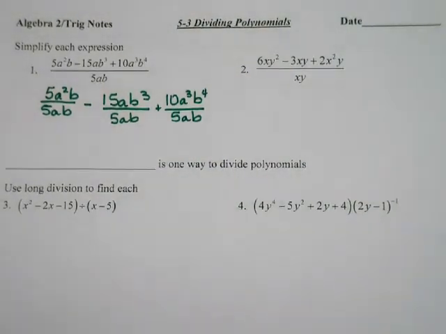So I have 5a squared b divided by 5ab. And then I have 15ab cubed divided by 5ab. And then I have 10a cubed b to the fourth divided by 5ab.